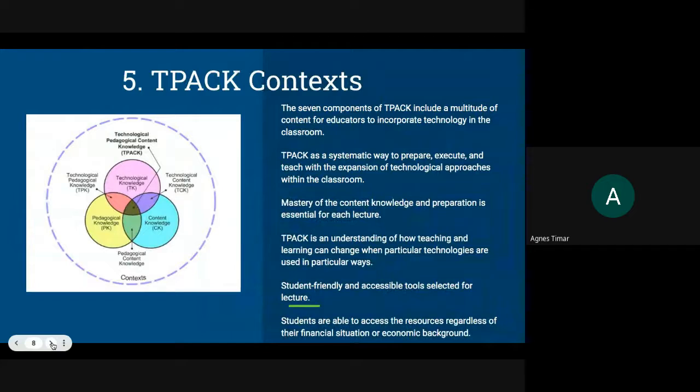Throughout our lesson planning, we use TPACK. TPACK has 7 components, and it's a systematic way to prepare, execute, and teach, making sure that we use technology throughout the lesson. TPACK is an understanding of how teaching and learning can change when we use these technologies.